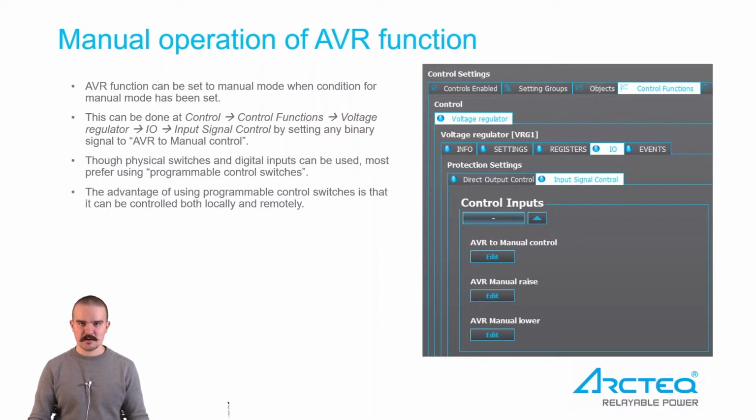In case you want to do that too, I would suggest using the so-called programmable control switches. The advantage of that is that you can control this point both locally from the relays panel and also remotely through some SCADA communication like IEC 61850, Modbus, SPA, or any other communication protocol that you might be using.